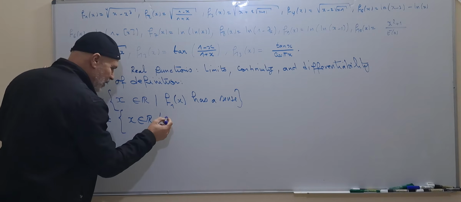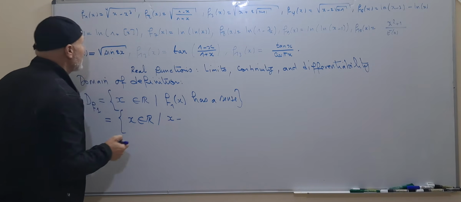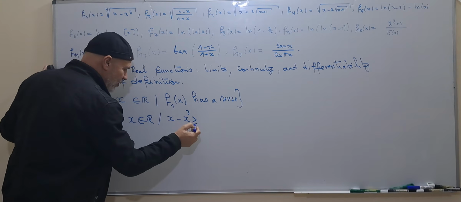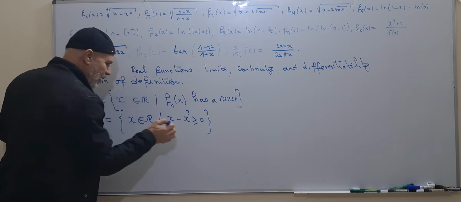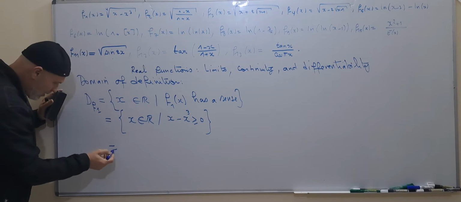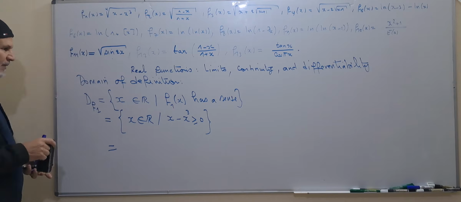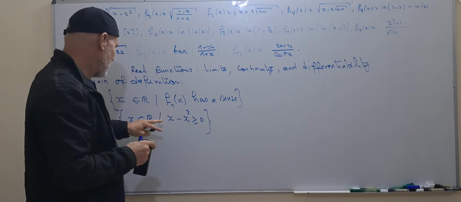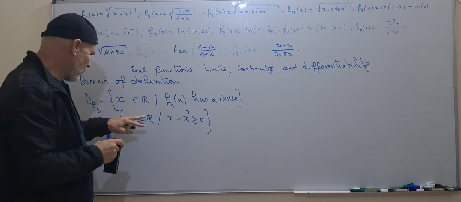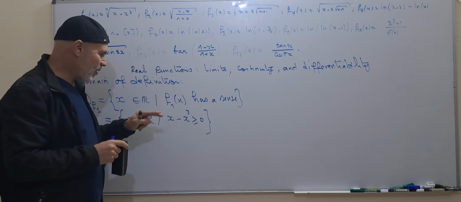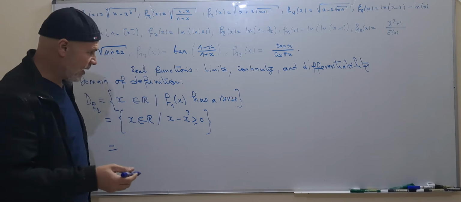This means that x minus x power 3 is greater than or equal to 0. We need to know when, for an x from R, we have x minus x power 3 is greater than or equal to 0.